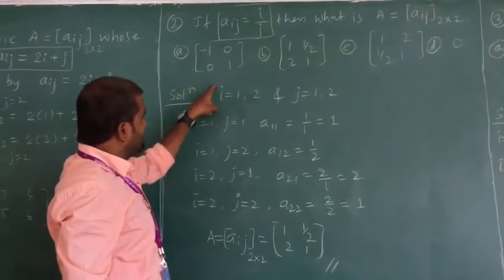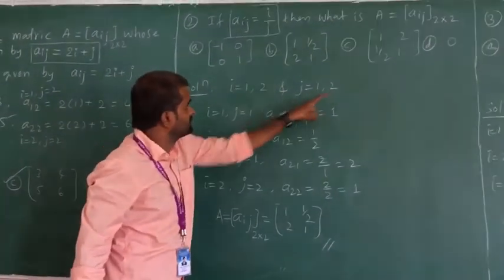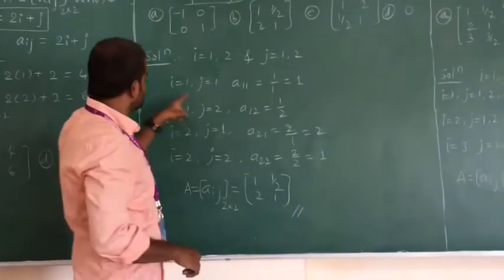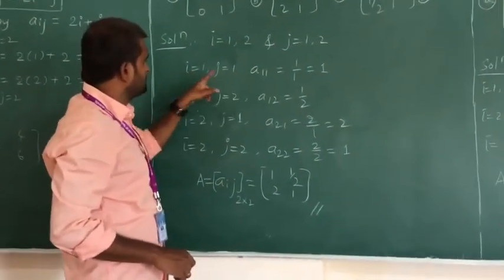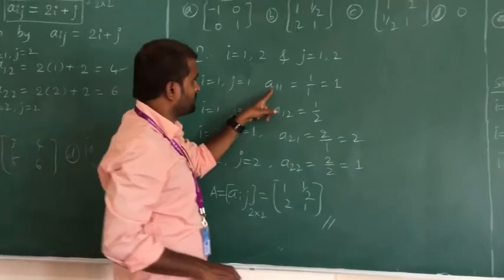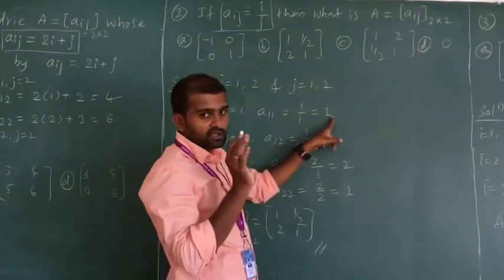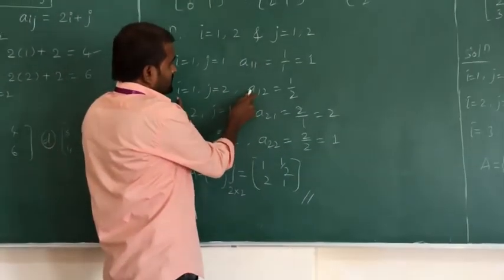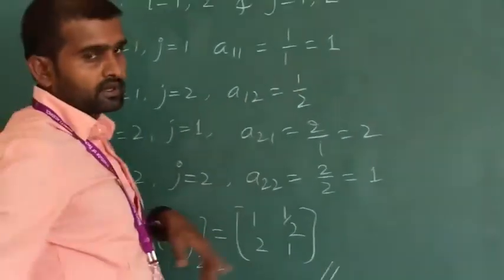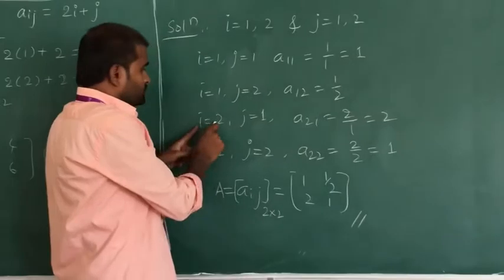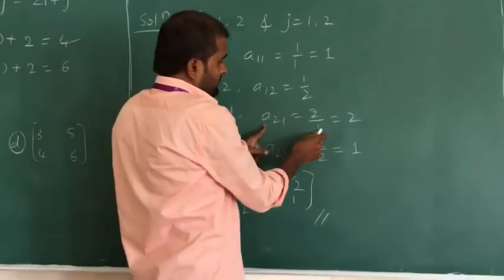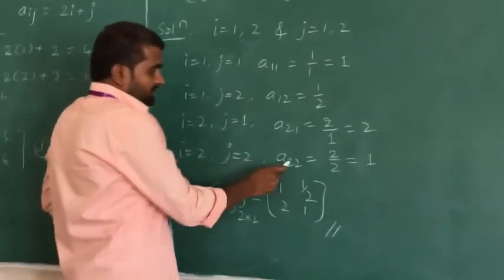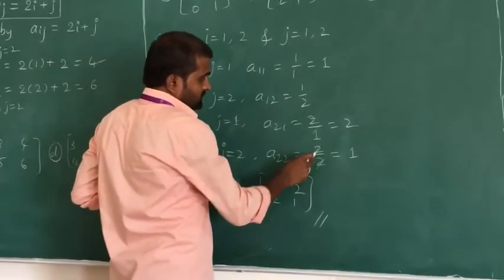Look, fix i as 1 and j is 1, 2; then fix i as 2 and j is 1, 2. So we get 4 elements. When i is 1, j is 1, 1 by 1 is 1. Then i is 1, j is 2, so A12 equals 1 by 2. Then i is 2, j is 1, 2 by 1 is 2. Then i is 2, j is 2, A22 is 2 by 2 which is 1.